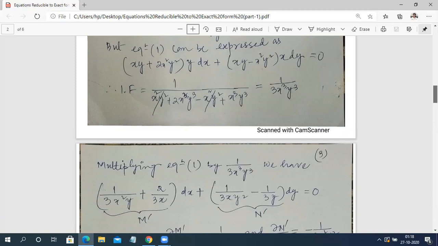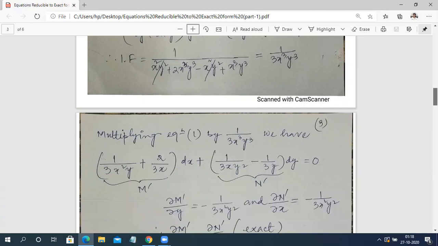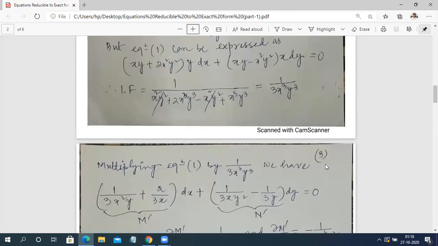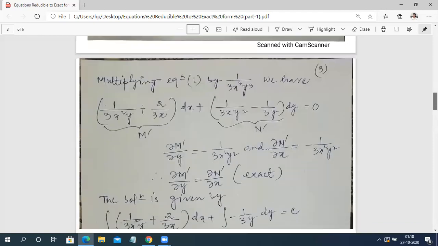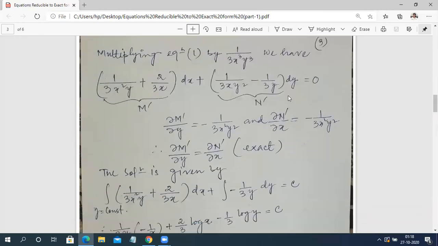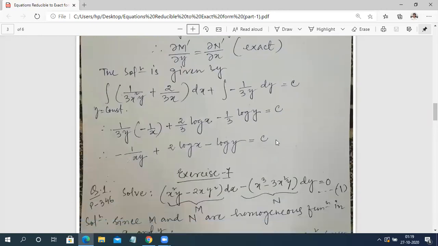Now multiply the equation 1 with this integrating factor, it will become this. Now check whether del m dash upon del y is equal to del n dash upon del x or not. You can see these two are equal, so the equation is exact. So the solution will be like this.